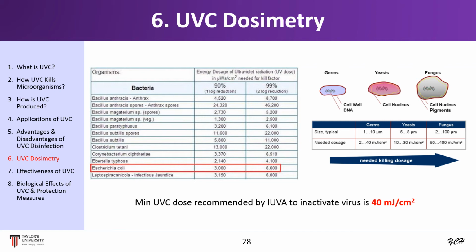The minimum UVC dose recommended by the International UV Association to inactivate viruses is 40 millijoule per cm square, and this should be used as the minimum UVC dose.